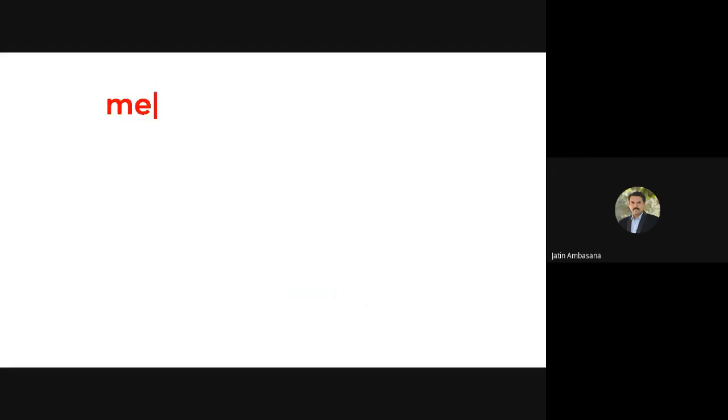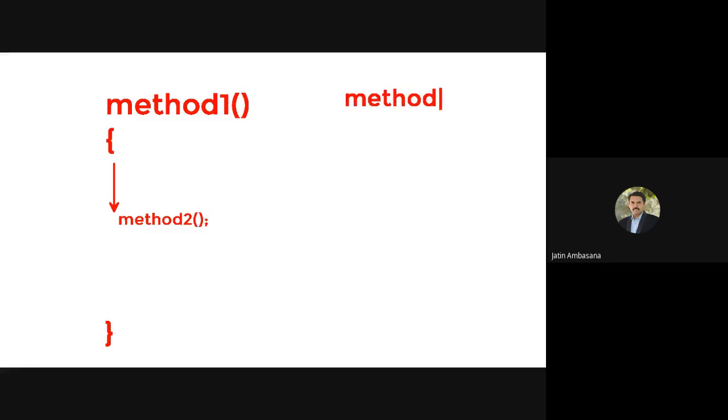You have a method 1 which is being executed, and it ends over here, and method 1 at some point calls method 2. A method 2 call is given. From here the control comes over here and it executes, and let's say at this point it breaks.